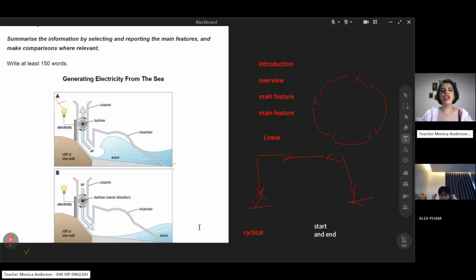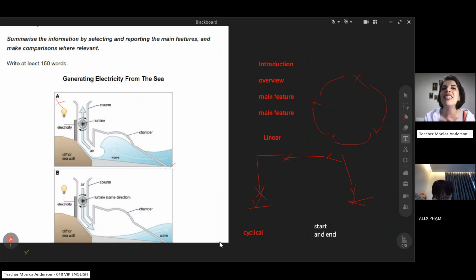In a linear process it is really obvious because we can see the beginning and the end. It's a bit harder to determine for a cyclical process, so it's really important to examine the graphic carefully to find out.